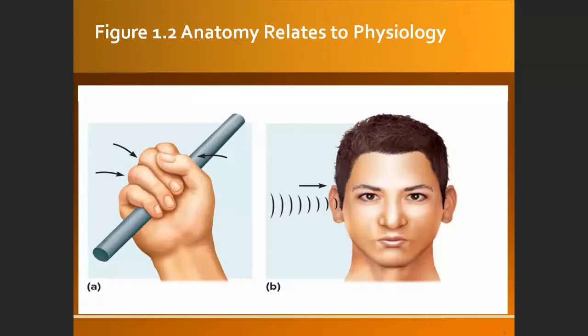Look at this picture. You see the hand, it has fingers with which you can grab something. So this structure helps you perform its function. Structure fits with function. The ear, for example, has an earlobe that helps us take in sound waves.